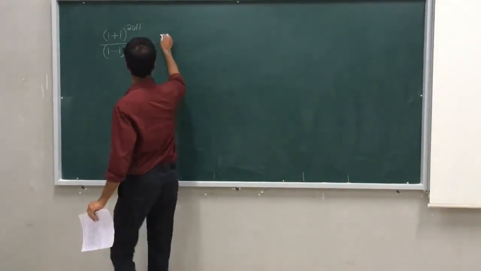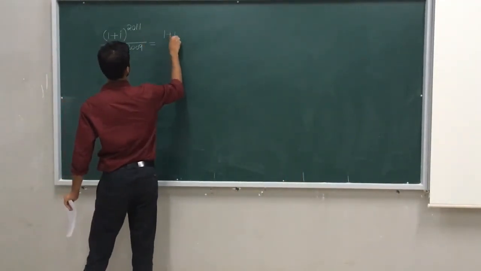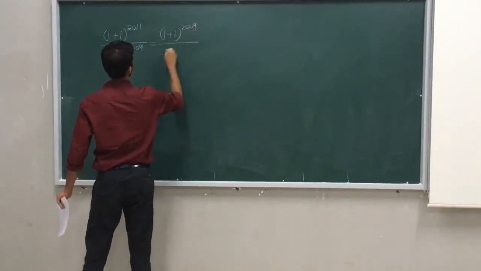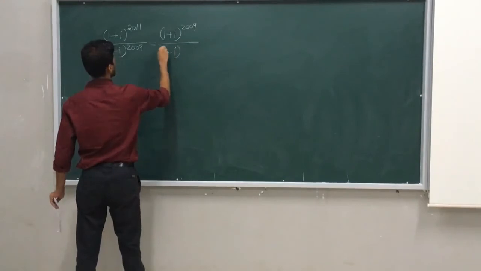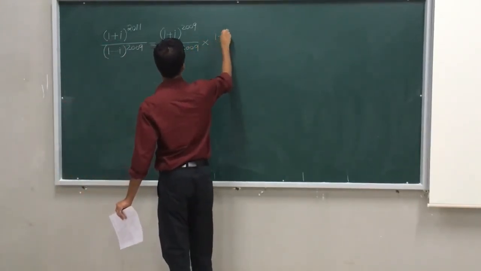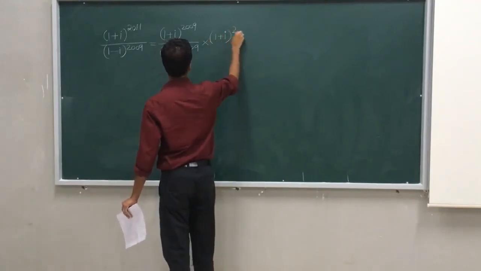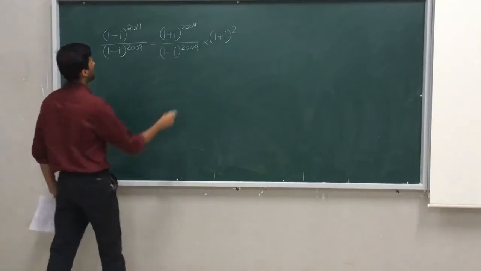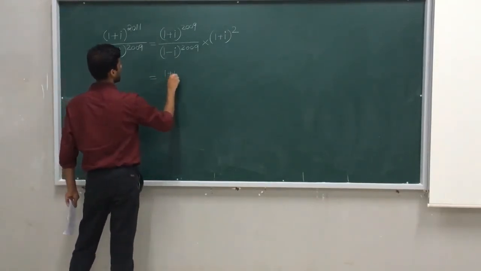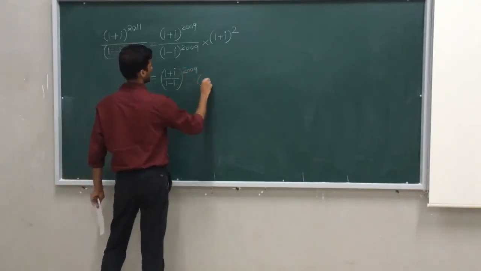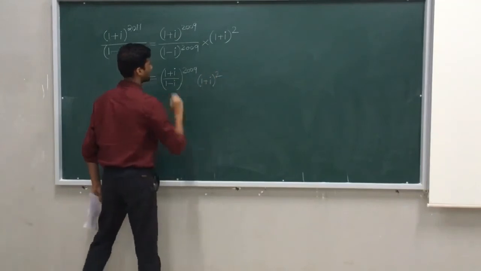So how to solve? On both sides 2009 is common. So I'll write it as 1 plus i to the power 2009 divided by 1 minus i to the power 2009, into 1 plus i whole square. Yes or no? Now I'll write it as 1 plus i divided by 1 minus i, to the power 2009, into 1 plus i square.